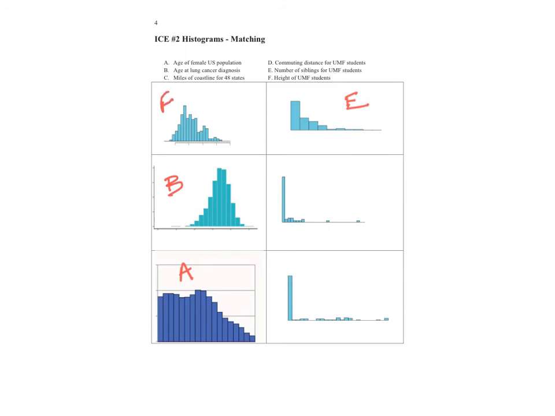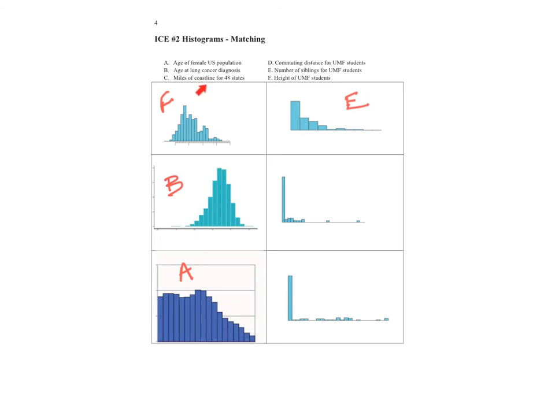And that leaves us with these 2 graphs, which are quite similar: miles of coastline for 48 states, and the commuting distance for UMF students. Both of these graphs have a big bulk of the observations right down here at 0. And what do these 2 distributions have in common? Okay, well, there's a whole bunch of states that don't have any coastline because they're in the middle.